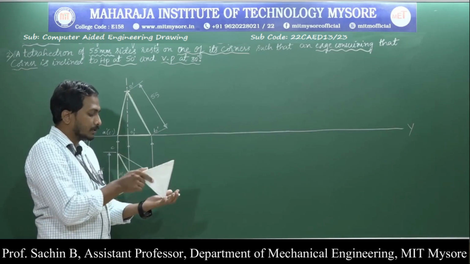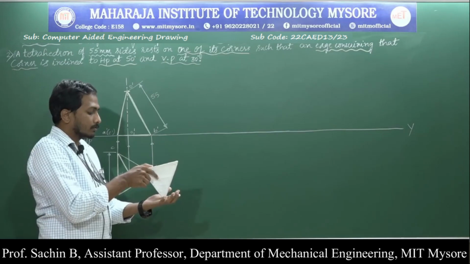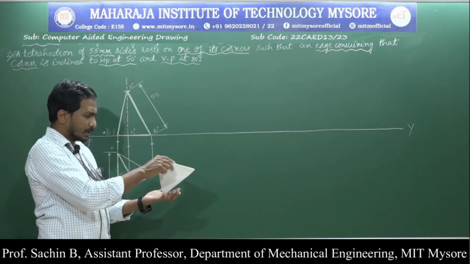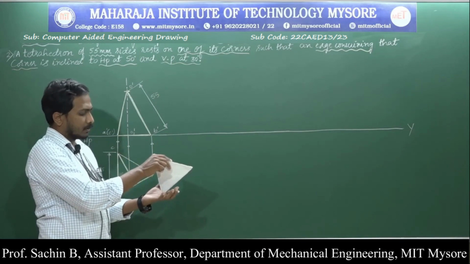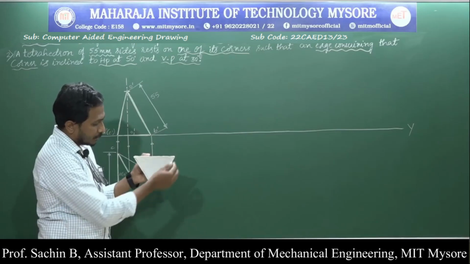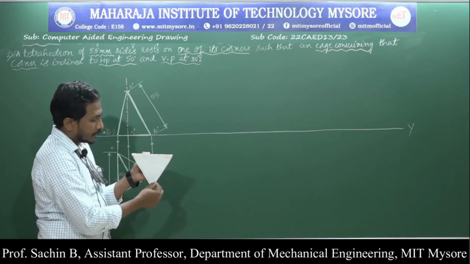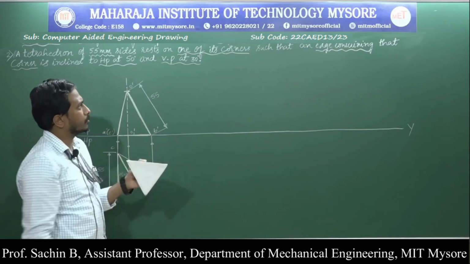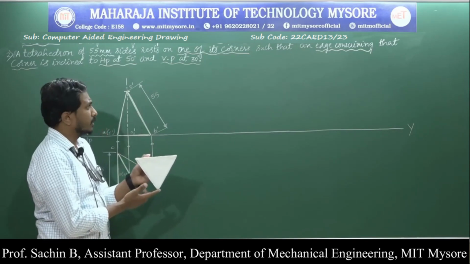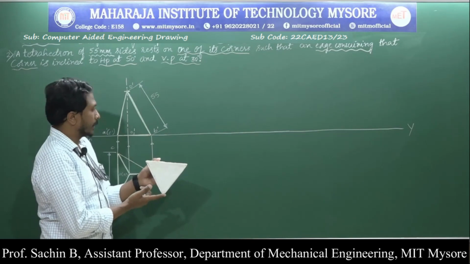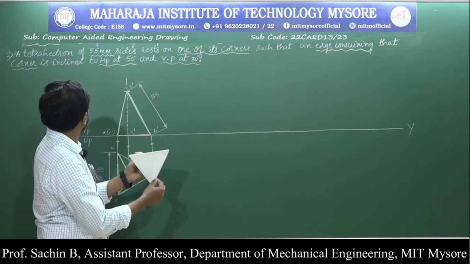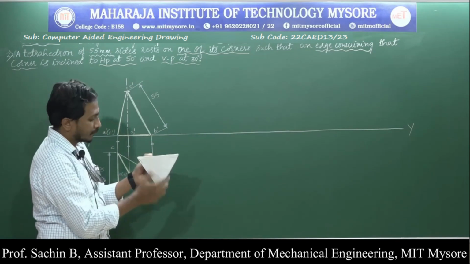Now I should rotate this corner to an angle of 50 degrees, according to the question, because for this B corner, this is the connecting edge to the axis. According to the question, one of its corners is resting, such that an edge containing that corner is inclined to HP at 50 degrees.